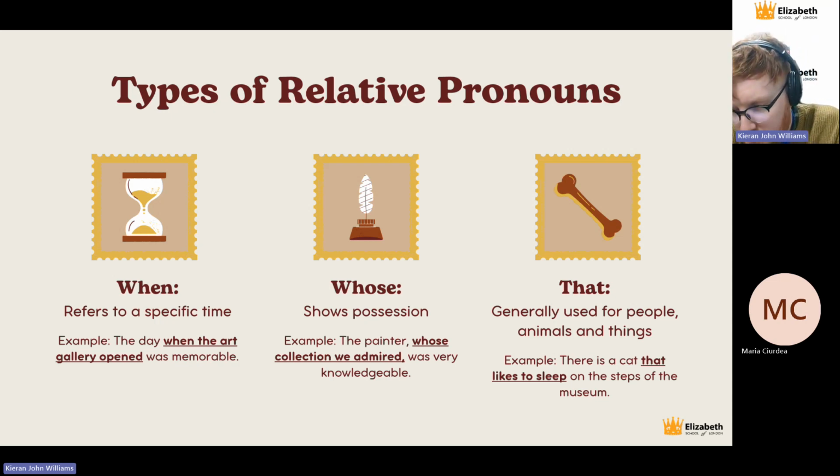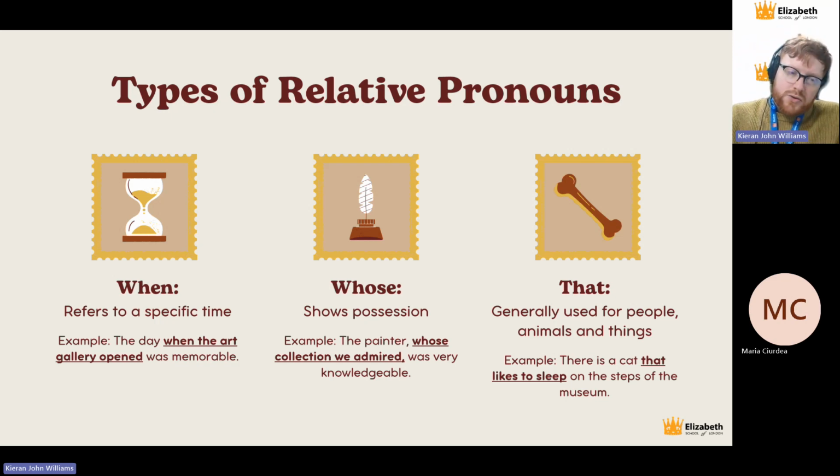So it is an object which belongs to a person. In the example, it tells us the painter whose collection we admired. So this tells us that the collection is owned by or is created by the painter. So it tells us about the object related to the person.